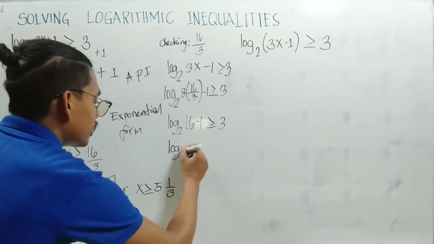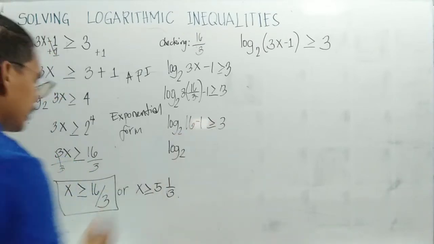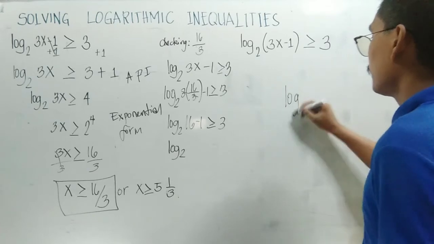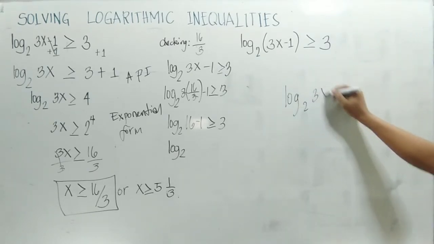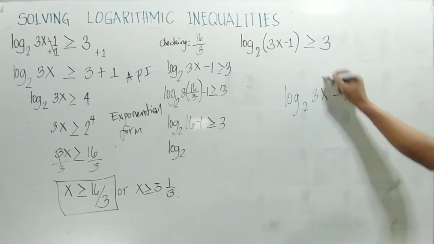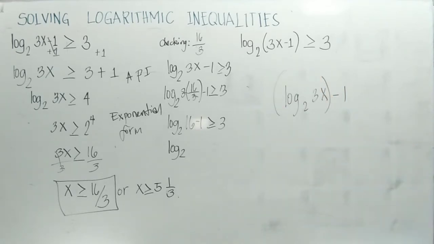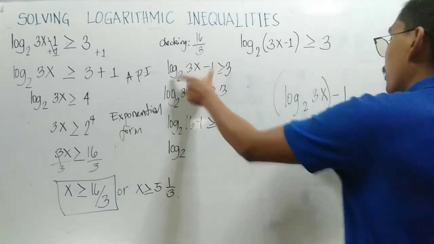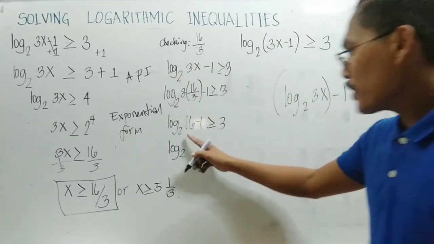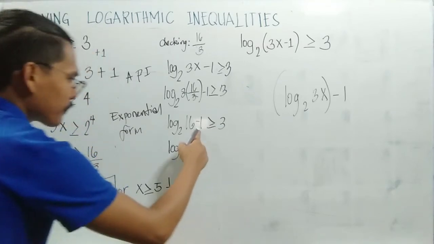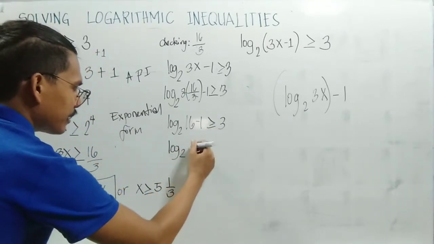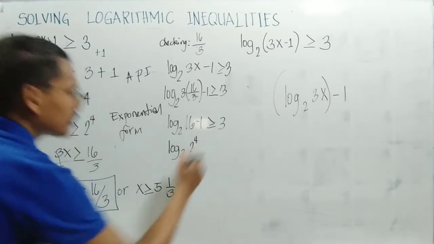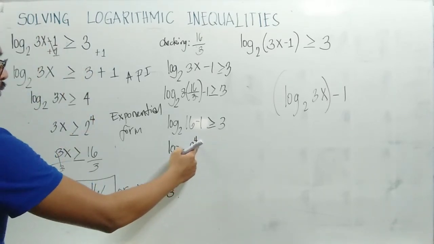So I have said earlier that this log base 2 of 3x minus 1 is just like this one. Here they are the same. So we have log of 16 minus 1. 16 can be written as 2 raised to 4.